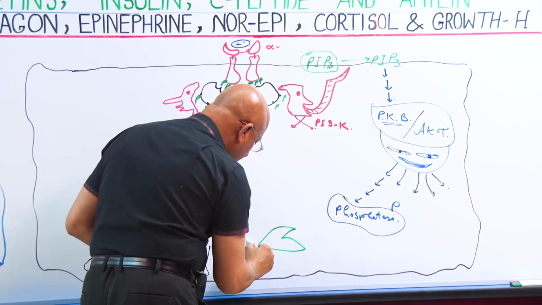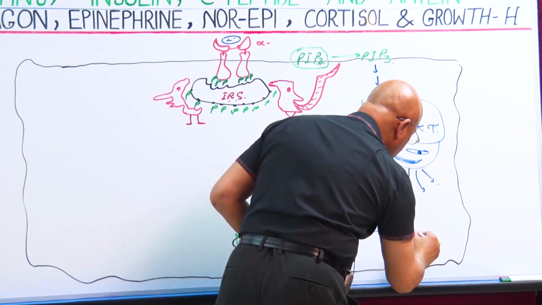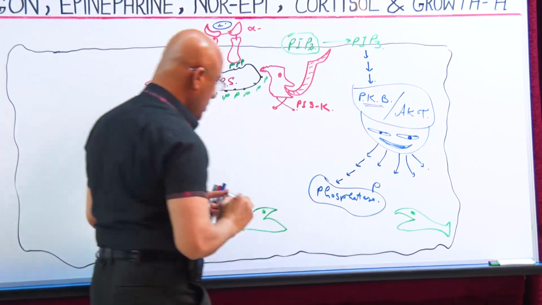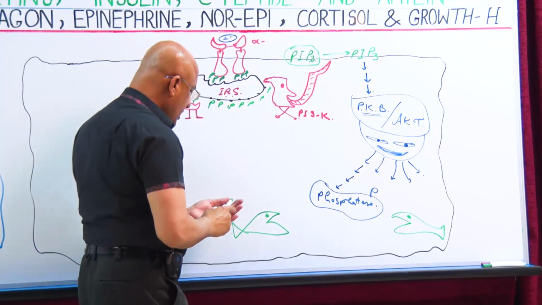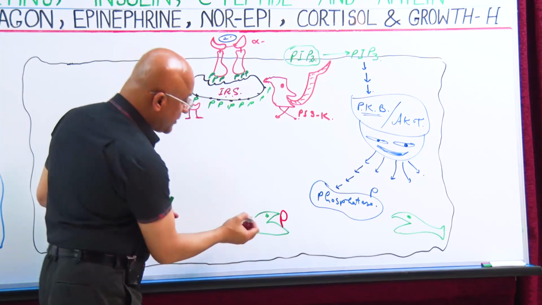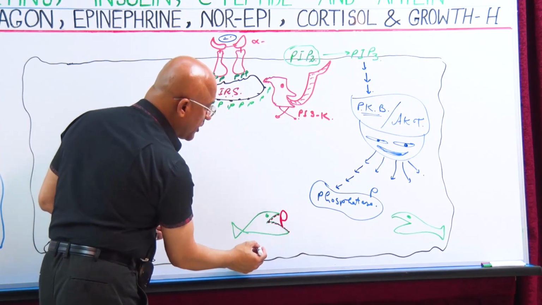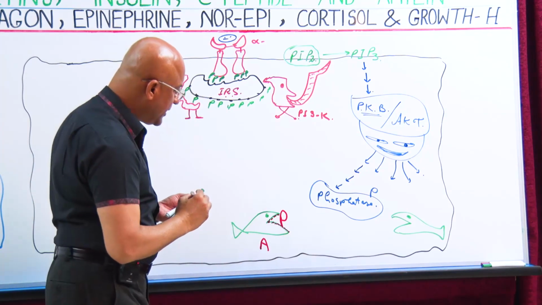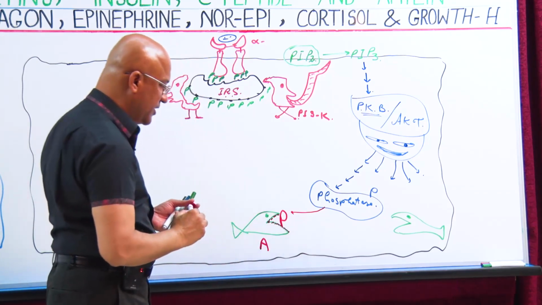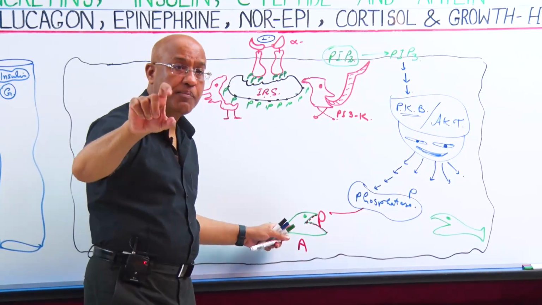Let's suppose this is one enzyme and this is another enzyme. This enzyme had phosphate here and this was the functional domain of enzyme A, right? Now, when this phosphatase attacks here and removes the phosphate, the mouth of the enzyme will open and this enzyme will become active.